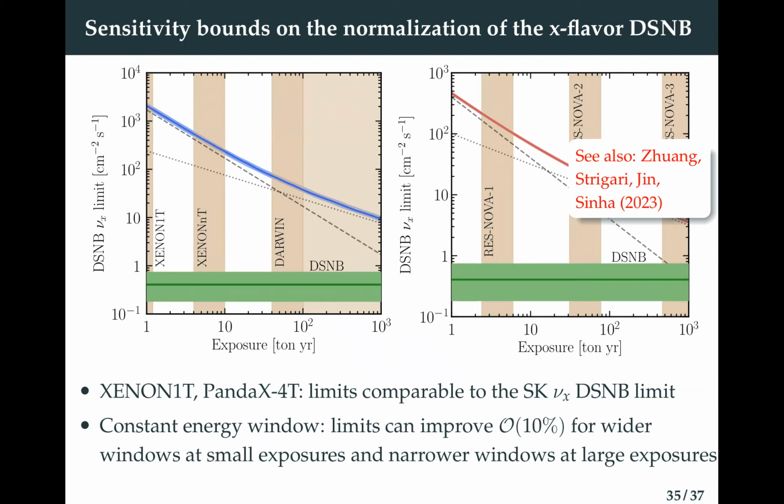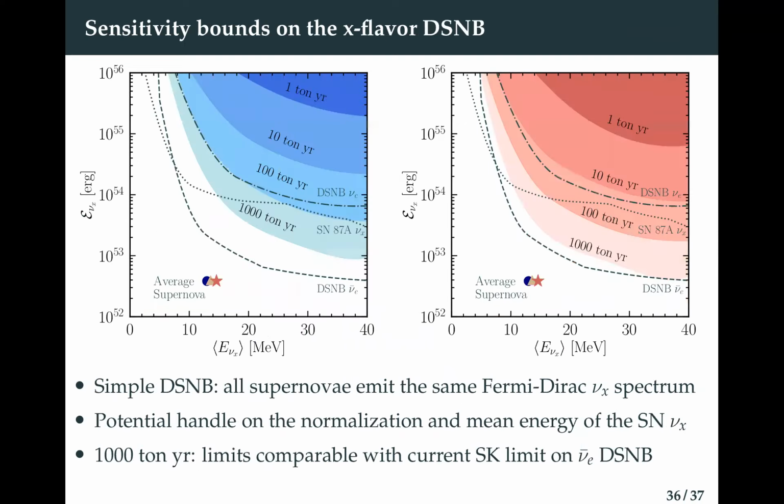So this is just, again, naively scaling our DSNB, so changes in the normalization, but we can also change the shape of the spectrum. So here we have the sensitivities for 1 to 1,000 ton-years. And here we have the total energy emitted in single flavor X neutrino DSNB. And here we have the mean energy of those neutrinos.